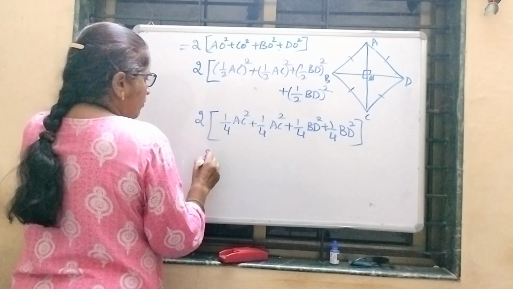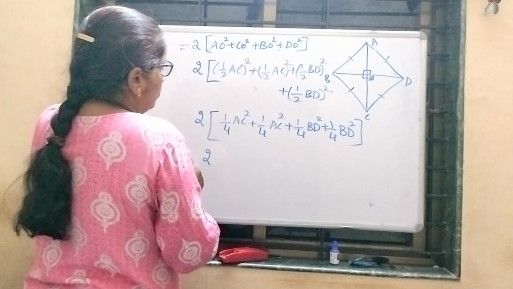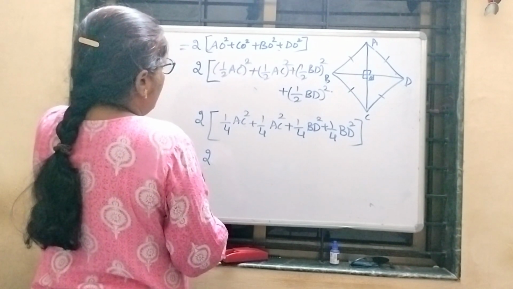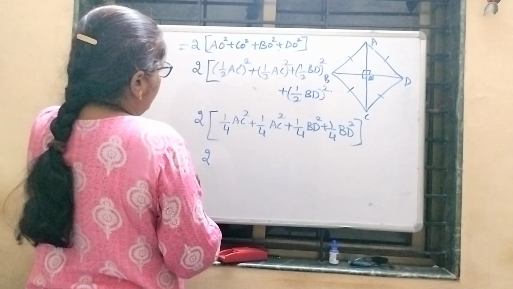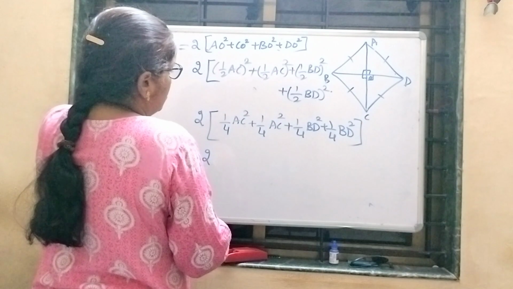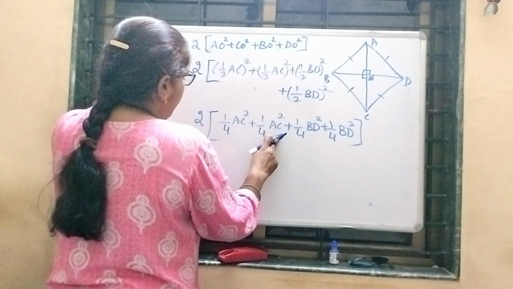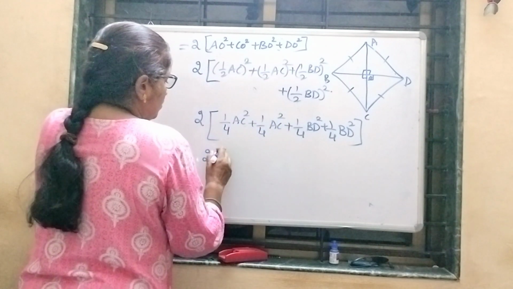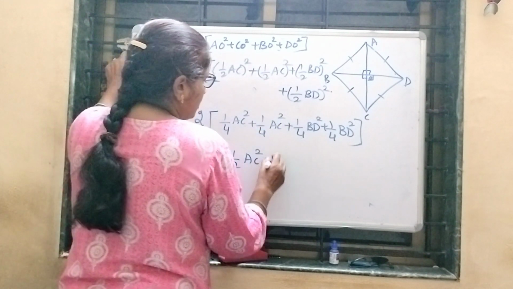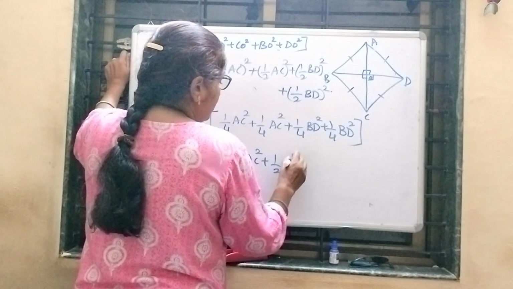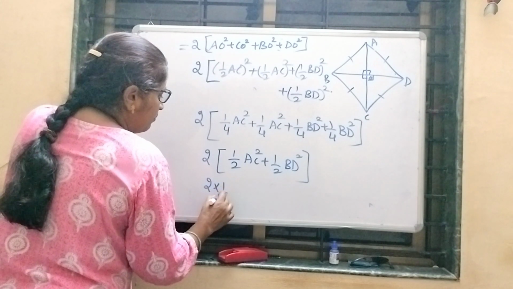So overall, 1/4 of AC square plus 1/4 of AC square becomes half AC square, plus half BD square. So I am going to take 1/2 common.